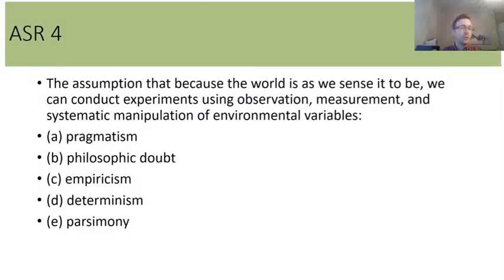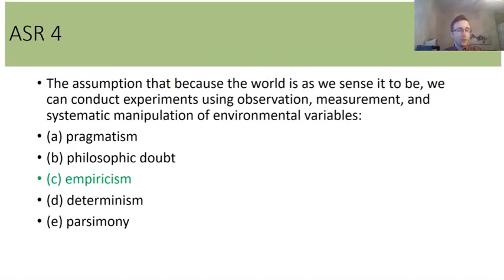Okay, ASR 4. The assumption that because the world is as we sense it to be, we can conduct experiments using observation, measurement, and systematic manipulation of environmental variables. A, pragmatism. B, philosophic doubt. C, empiricism. D, determinism. E, parsimony. A few more seconds. The answer here is determinism.